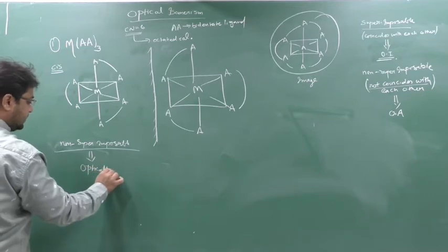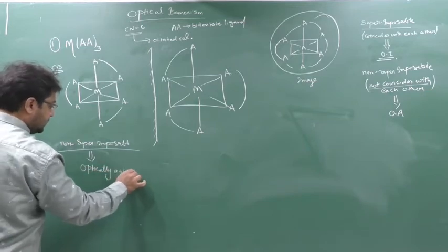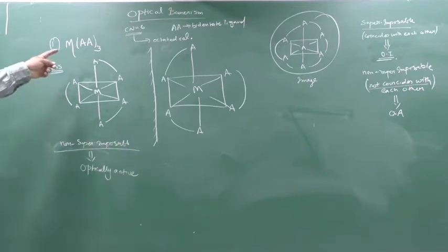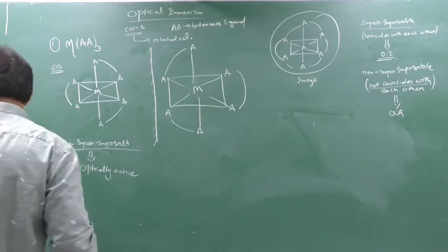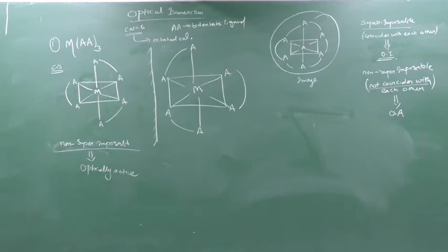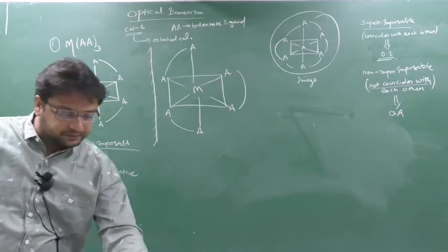So the MAA3 type cis isomer is optically active. Clear? Chalo. So the MAA3 cis type of isomer is non-superimposable, meaning optically active.